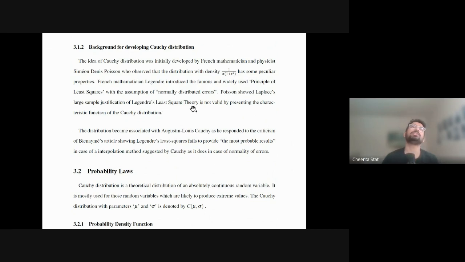The errors follow a normal distribution, and then the best estimator comes from minimizing the summation of yi minus the fitted line, estimating the parameters. Those who have learned regression will understand this.